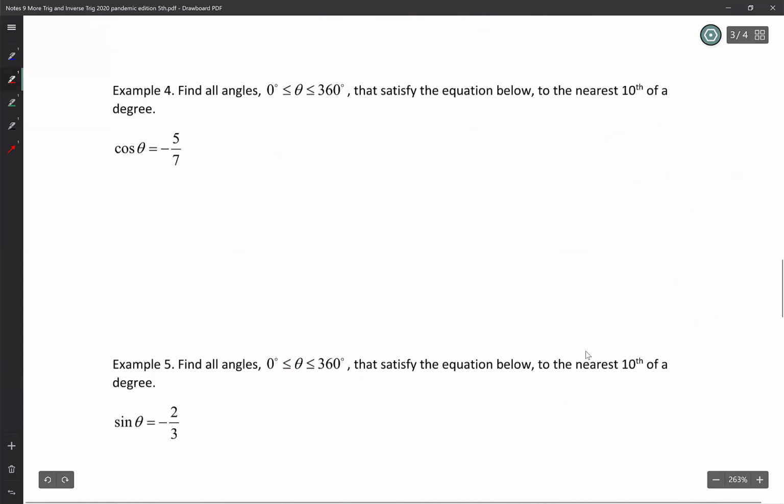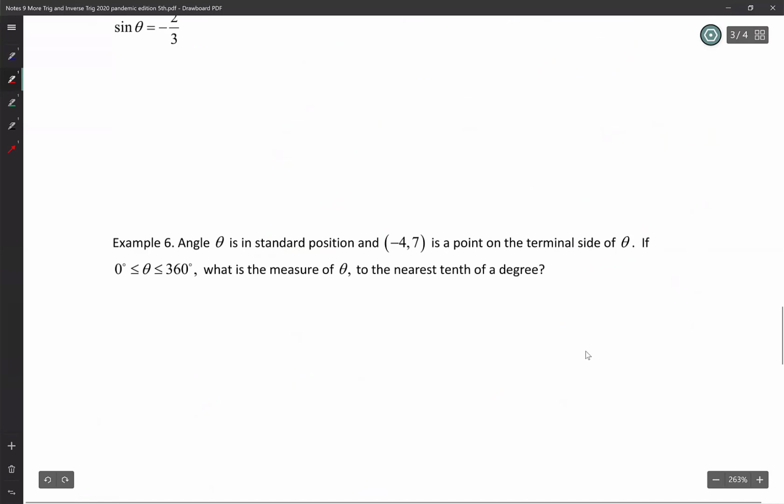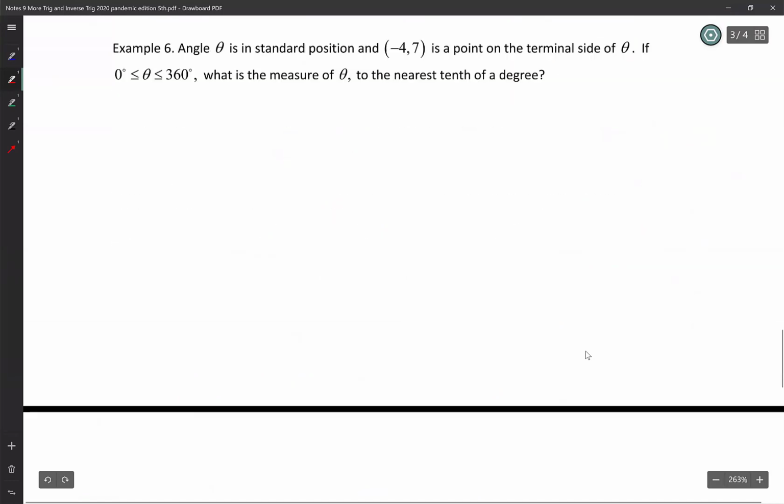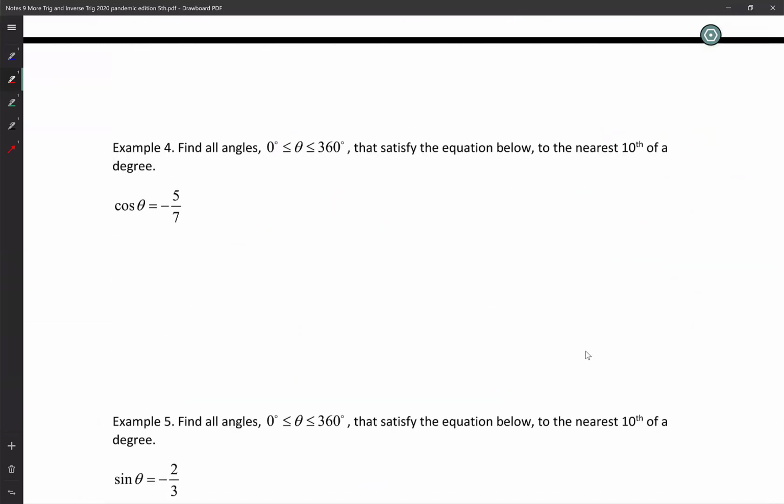All right, so look at these. These are the last few examples. They're all the same. So here we go. It says, find all angles between 0 and 360 that satisfy the equation below to the nearest tenth of a degree. So now look, this is no longer a perfect coordinate on the unit circle. You don't even have to think about it as a coordinate on the unit circle, it's a ratio. But here we go, it's cosine.